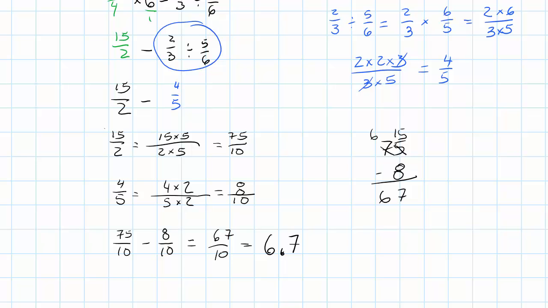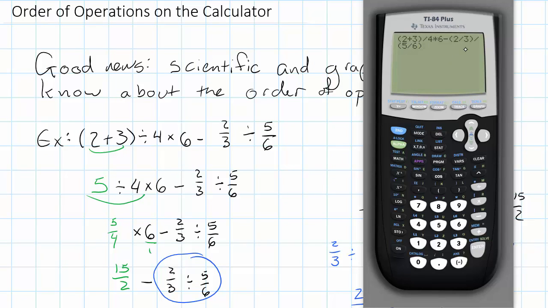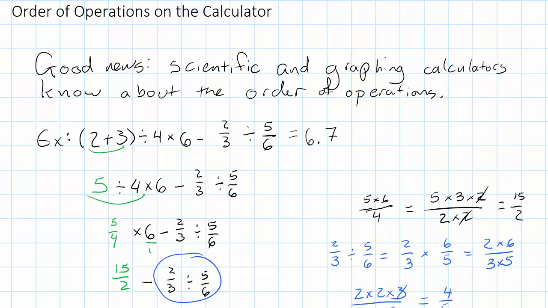is a decimal fraction. Putting the same expression into the calculator, noticing that we have to put parentheses around 2/3 and 5/6, since each of these is a fraction, it's a single number, we get 6.7, which is the same answer that we had previously.